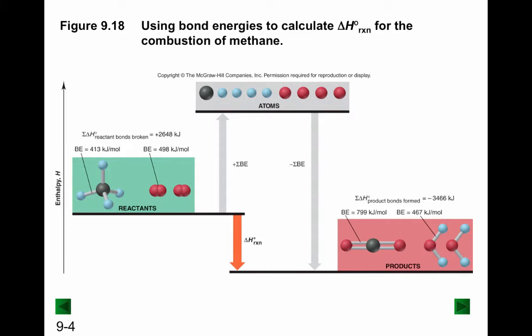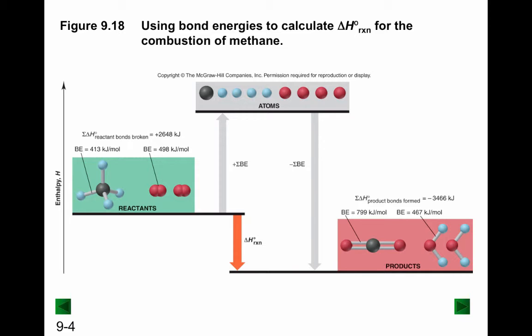Now we need to make the bonds in our products. Water has 2 hydrogen-oxygen bonds, and we made 2 molecules of water for a total of 4 oxygen-hydrogen bonds. Do you see this? 4 times the bond energy for the oxygen-hydrogen bond is 1,868 kilojoules, which is equal to the amount of energy released when these bonds are formed. Carbon dioxide, which is the other product, contains 2 carbon-oxygen double bonds.